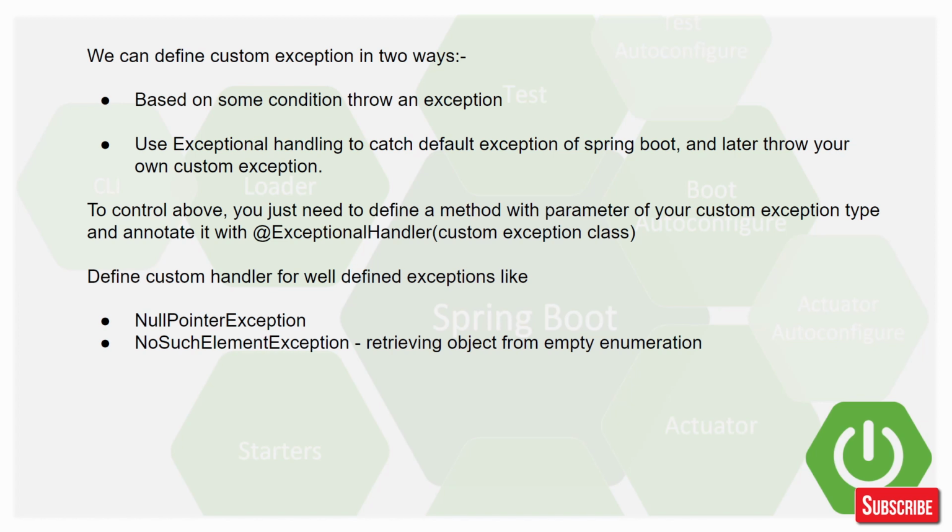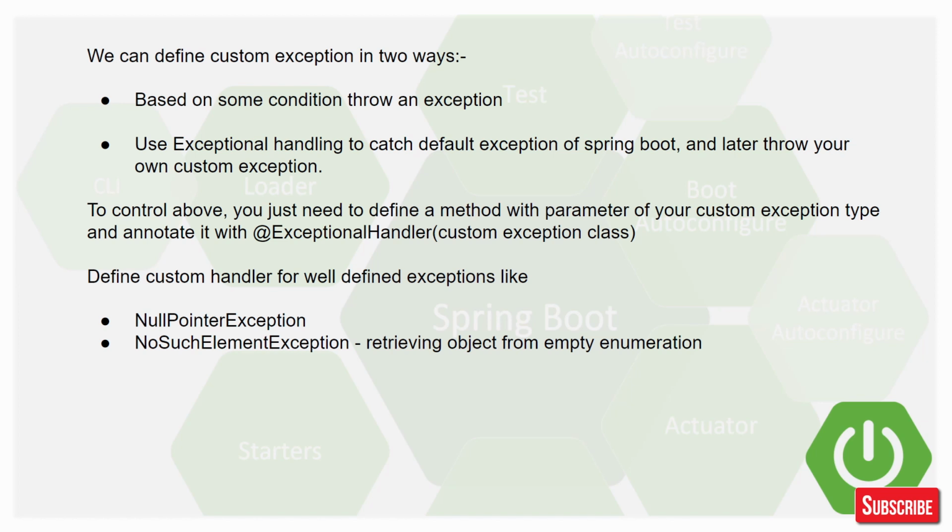First you will check your data source whether that data is available or not. If it is null or empty, then you can throw your own custom exception. So here, based upon some condition, you are throwing an exception.